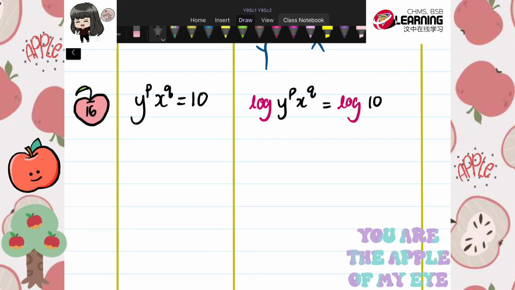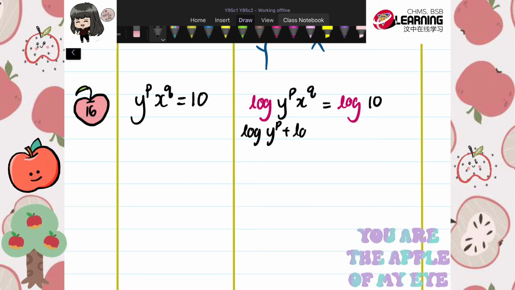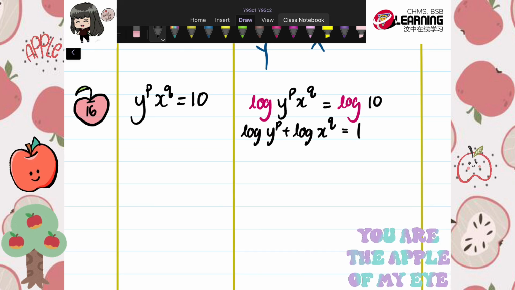Add on log for both sides, and then the law of log tells you to separate this into 2. Because it's a product, it's a times, so you make it into double log plus, and then this log 10 equals 1. So I can move down my p, I can move down my q.